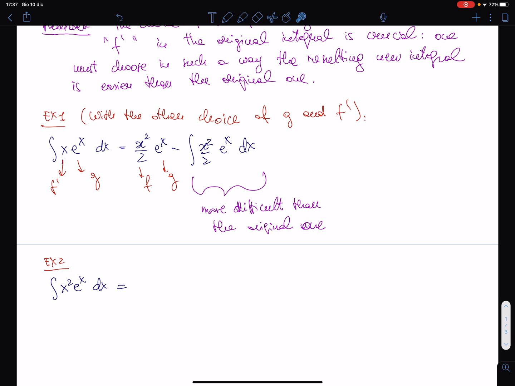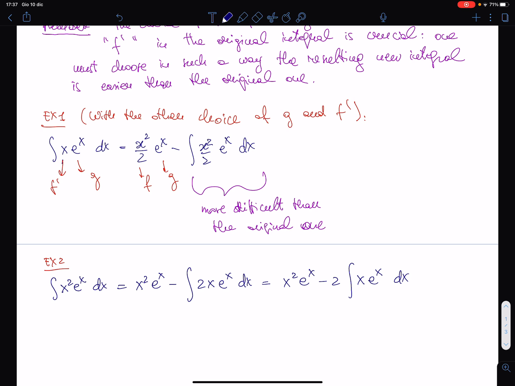You want to differentiate x squared because it becomes easier, the degree declines step by step, and you can integrate e to the x because it doesn't change. So you write x squared e to the x, minus 2x, which is the derivative of x squared, times e to the x dx.